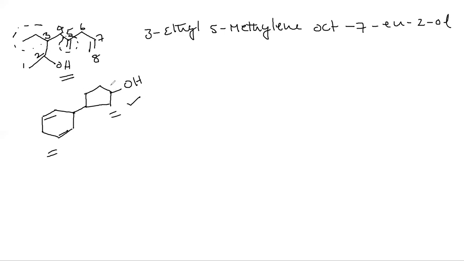Okay, so let's start giving numbering. 1, 2, 3, 4, 5. And for this one, 1, 2, 3, 4, 5, 6. Okay, let's name the compound. What is the substitution we have? At the 3rd position, we have a substitution. Take a bracket. At the 2nd position and 5th position, we have alkene groups.